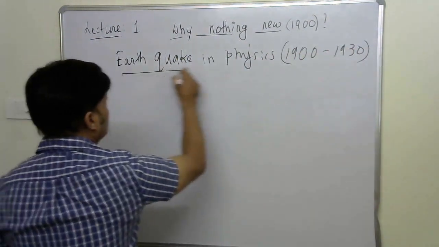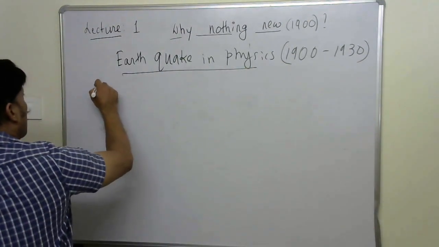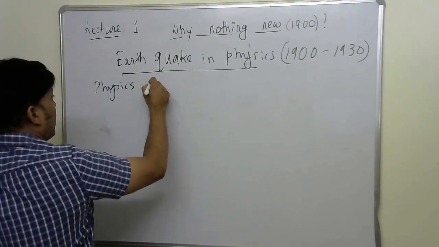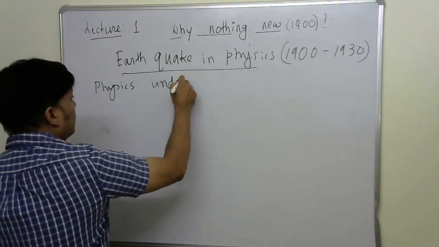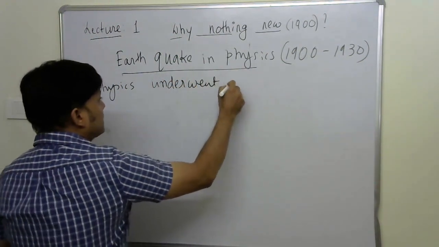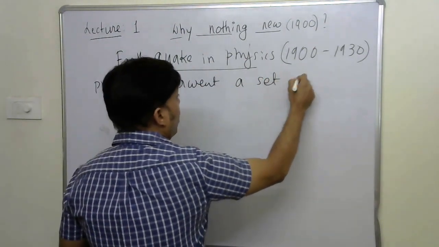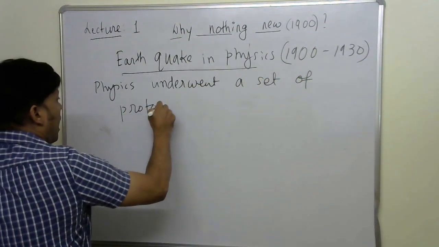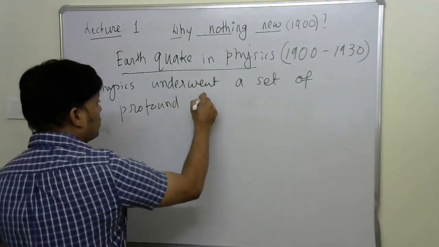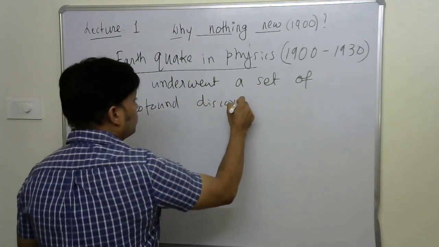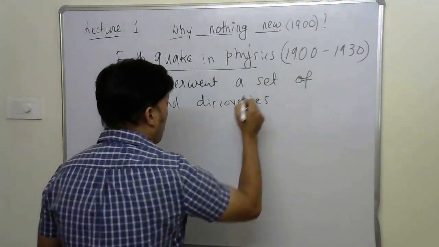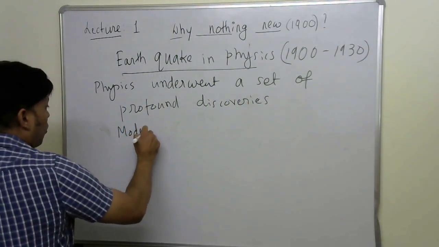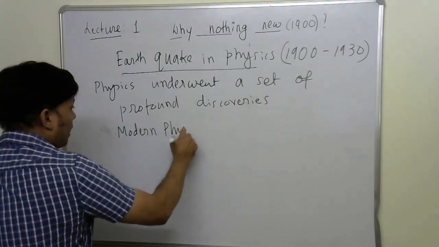So what happened was that physics underwent a set of profound discoveries, and that series of discoveries led to the establishment of a completely new subject, and that is called modern physics.